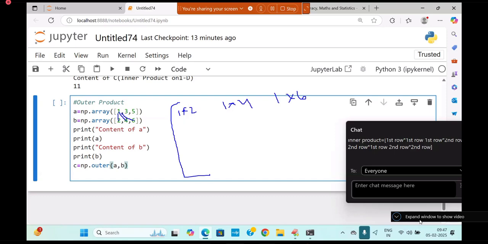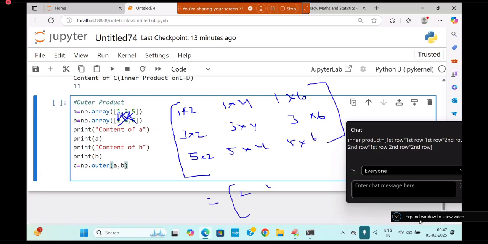Next 3 into 2, 3 into 4, 3 into 6, then 5 into 2, 5 into 4, 5 into 6. So it is going to become 2, 4, 6, 6, 12, 18, 10, 20, 30. These are the elements which you are going to get.